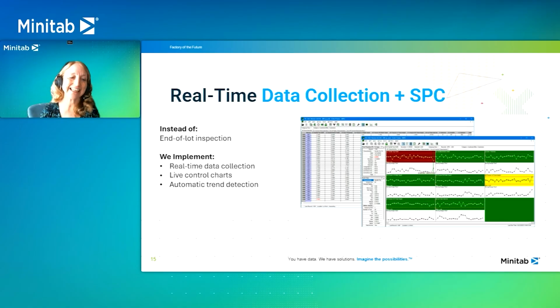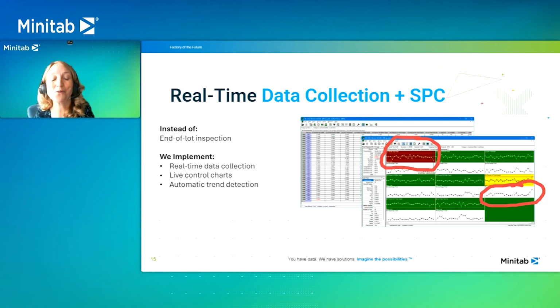We can see that here, oh, I have something going on this machine right now where we are out of spec. I might see here's something trending a little bit. It looks like it's going to be out of control soon. So we're going to do real-time data connection. We're going to use live control charts, so for true real-time SPC, and catch defects before they happen.